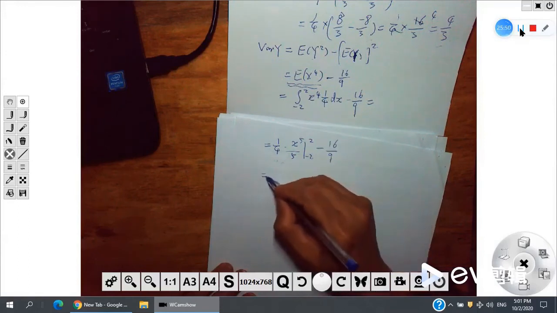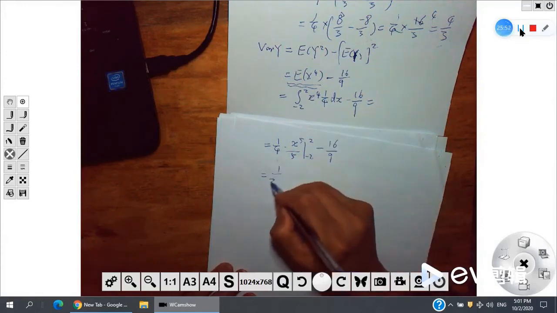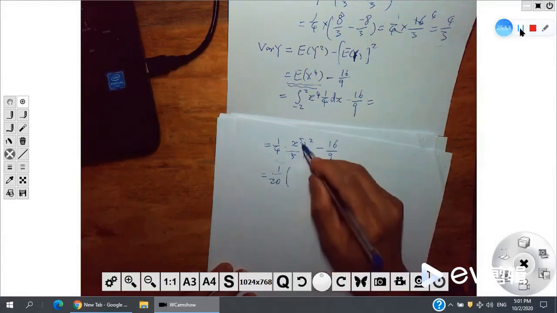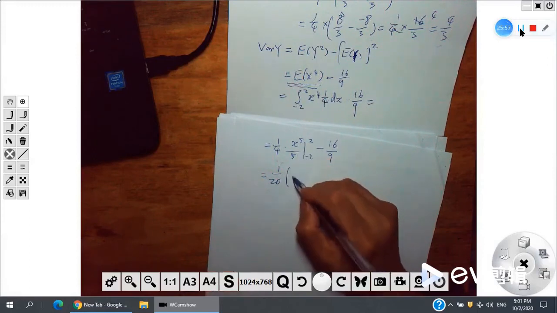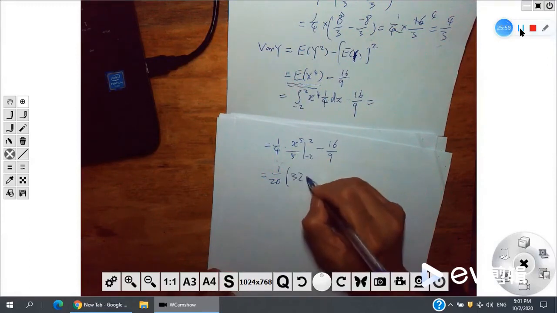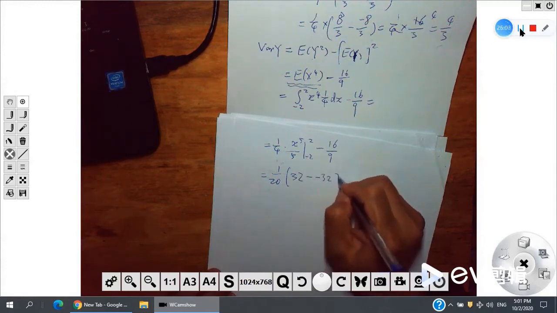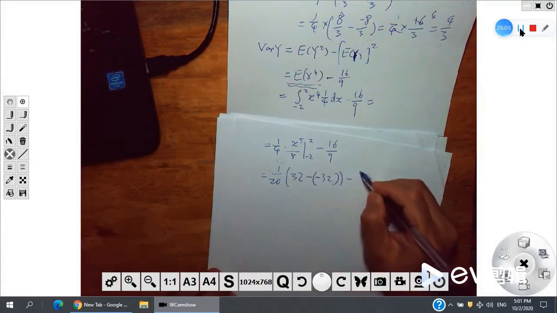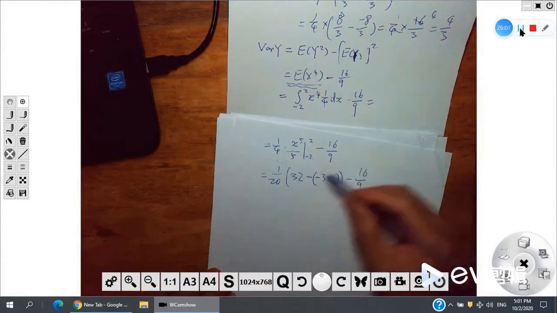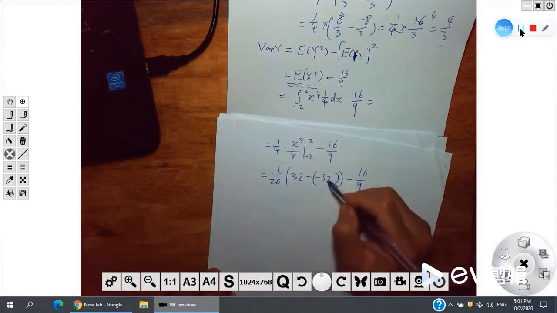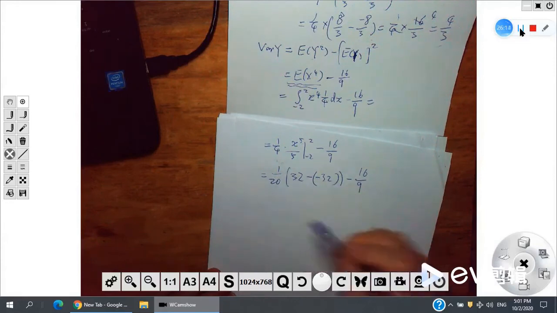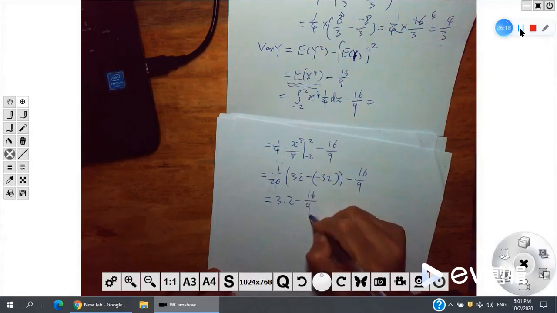This will be 1 over 20 times 2 to the fifth, which is 32, minus -2 to the fifth, which is -32, minus 16 over 9. Okay, so this is over 20. You cancel that 2, it is over 10. 32 over 10 is 3.2, minus 16 over 9.